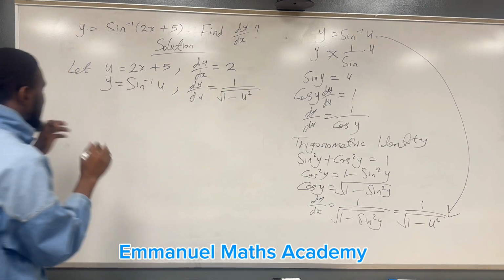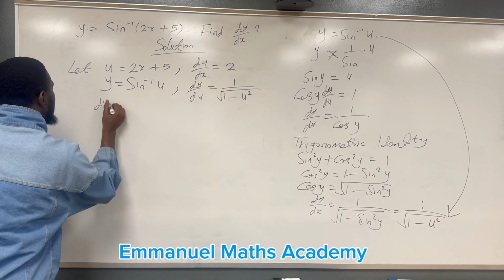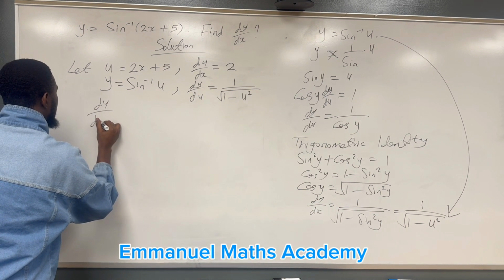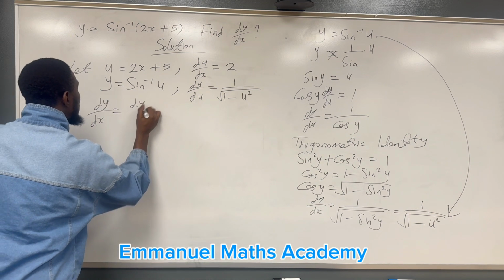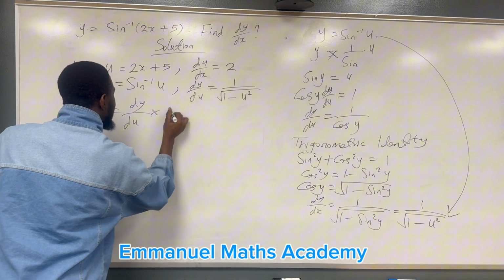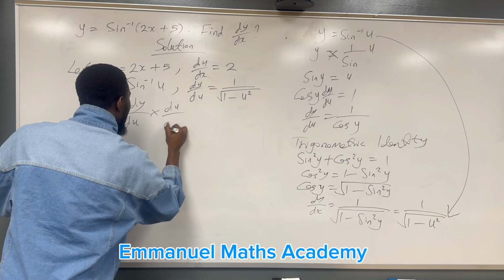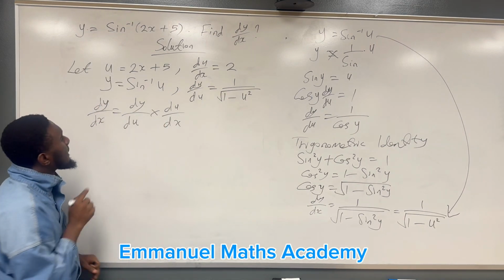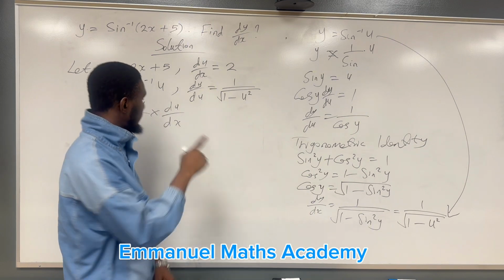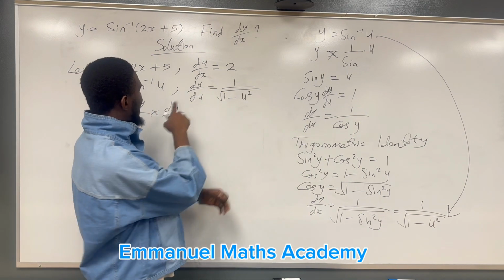The formula for chain rule is dy dx is equal to dy du times du over dx. Right? Now, what's our dy du? Our dy du is this.